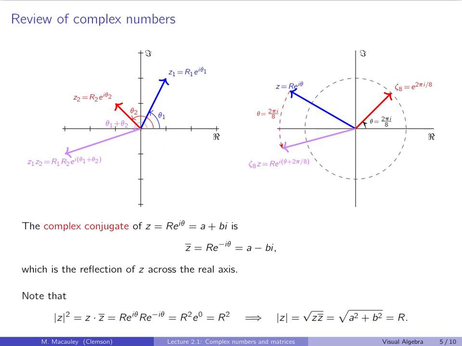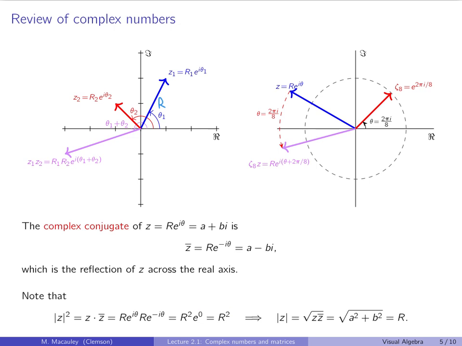Note that the norm squared of a complex number, so if we say this is norm r, that's just going to be r squared. And I claim that this is z times z bar. So z times z bar is r e to the i theta times r e to the negative i theta. Notice that the angles add to get 0, and we just get r squared times e to the 0, which is 1, which is r squared.